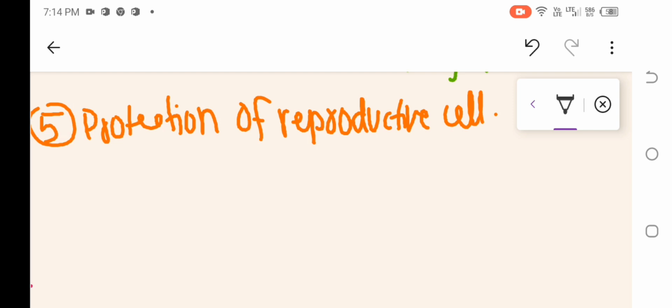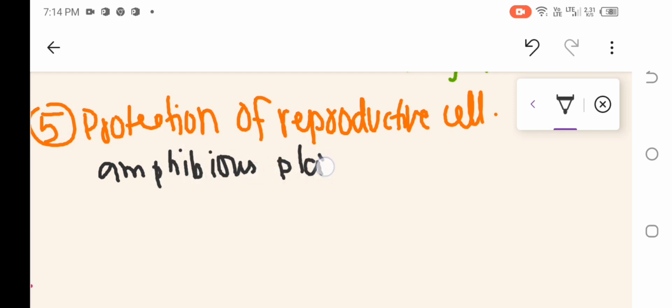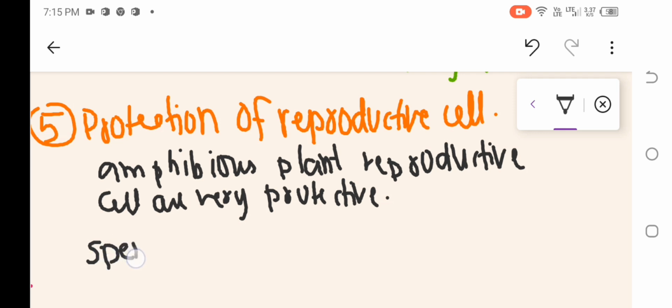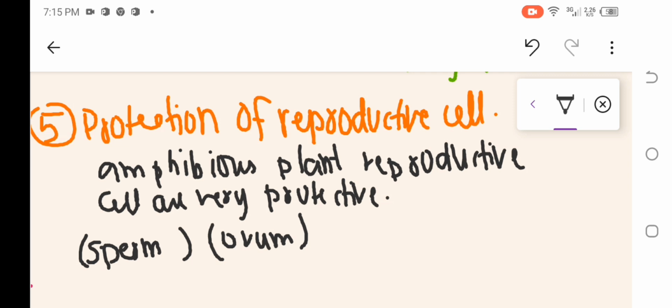In amphibian plants, reproductive cells are very protective, like the male gamete, which is sperm, and the female gamete, which is ovum. ठीक है। They are produced in the multicellular reproductive sex organs.